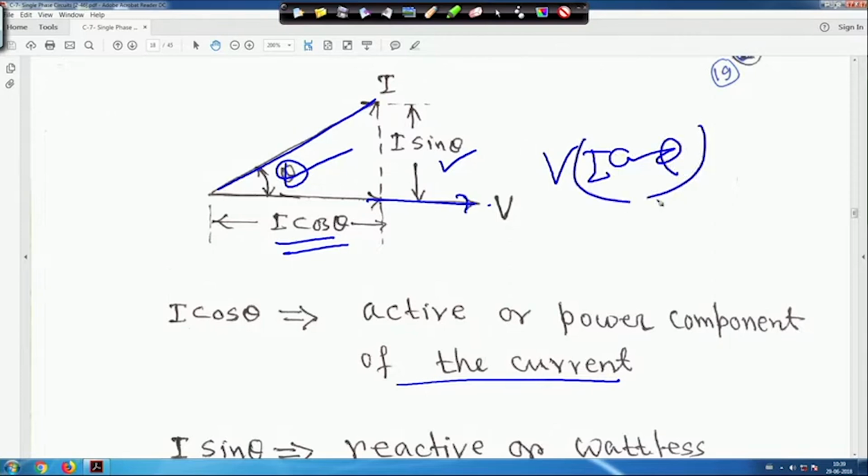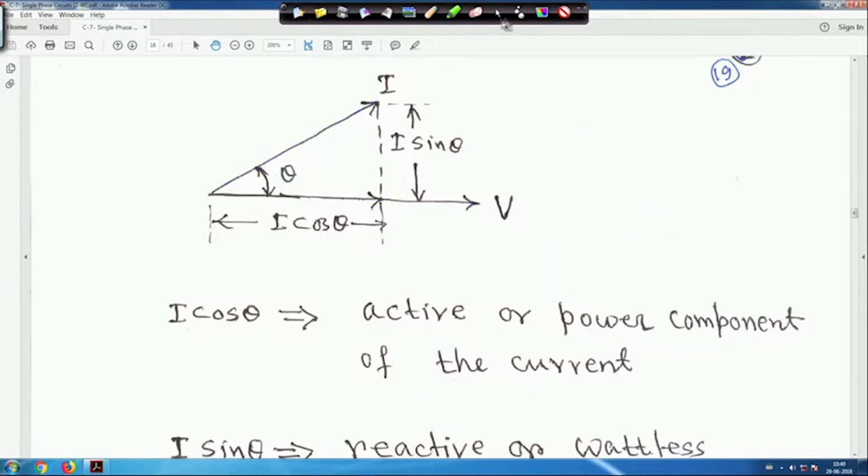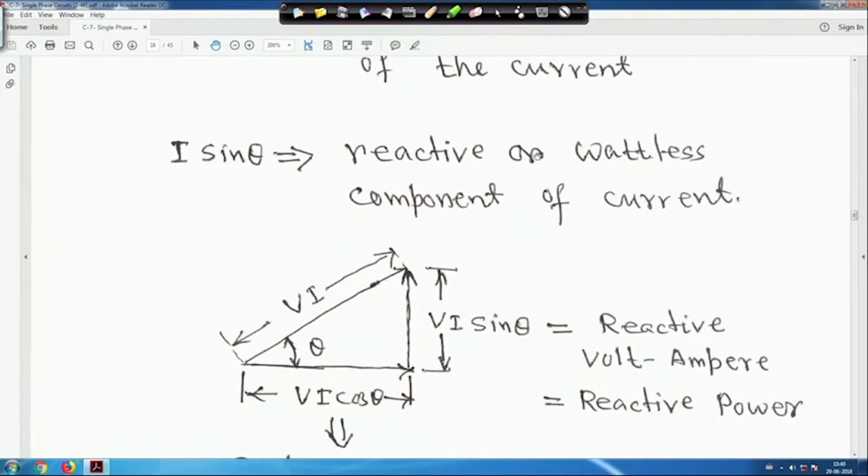Similarly, for reactive power VI sin theta, this I sin theta is the reactive or wattless component of the current.